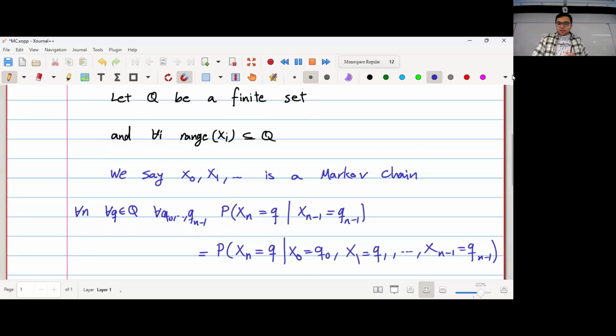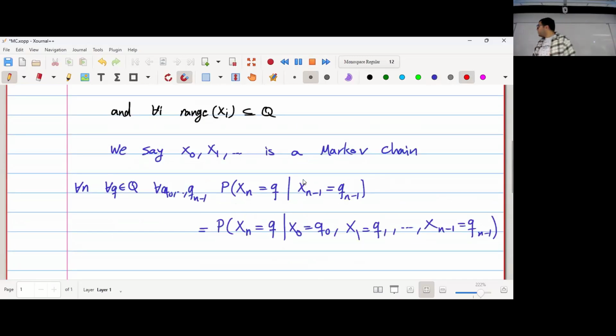Okay. Now, several things. First of all, this is conditional probability, but you probably haven't seen me write conditional probability like this. So when I write something like this, xn minus 1 is qn minus 1, this is actually an event, right? Because what is this xn minus 1? It's a random variable.